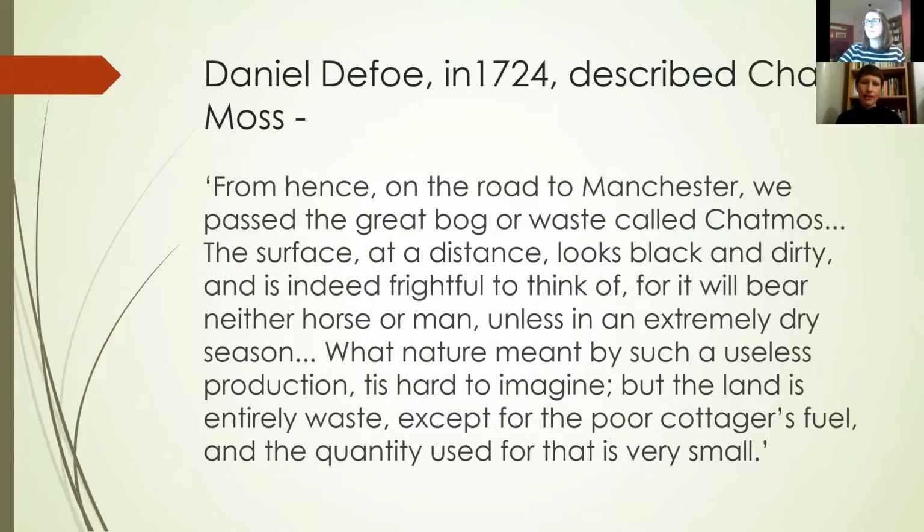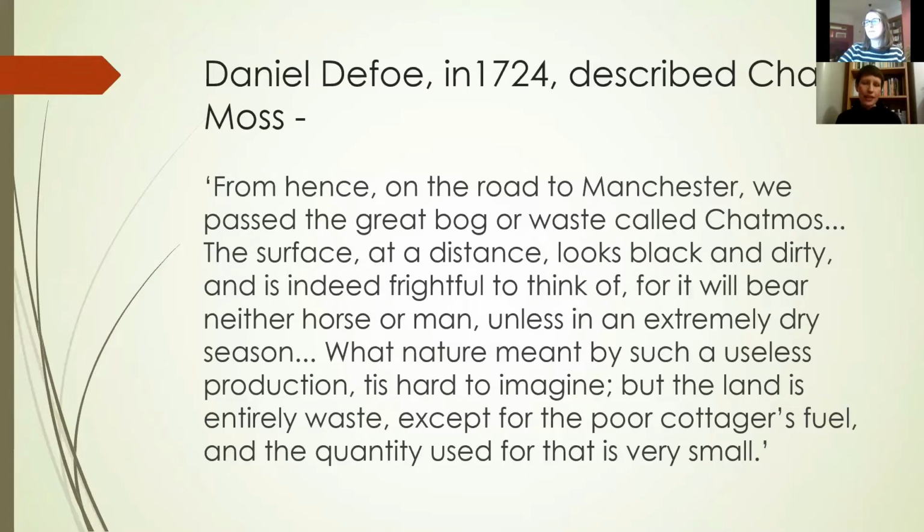Now, part of the reason for the draining of Chat Moss may be that it was inhospitable, it was impassable. Daniel Defoe visited it in 1724, and he really did not like the place. He said, "From hence, on the road to Manchester, we passed a great bog or waste called Chat Moss.